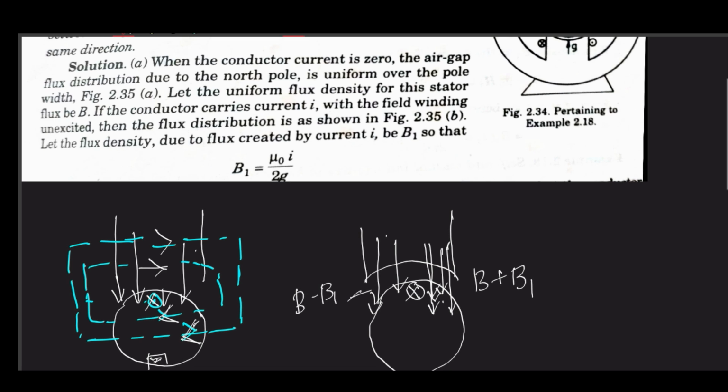Due to this crowding of flux, we are considering this B1, what is B1? B1 is mu 0 I by 2g. So now this one is B plus B1.